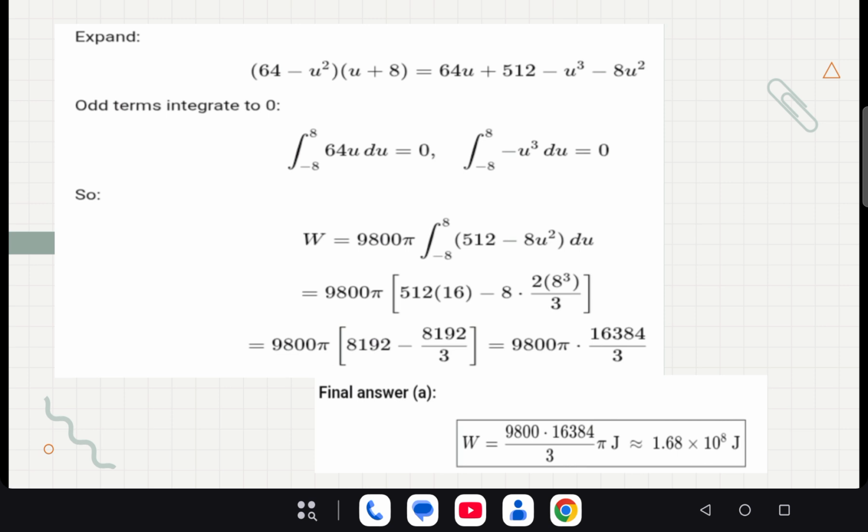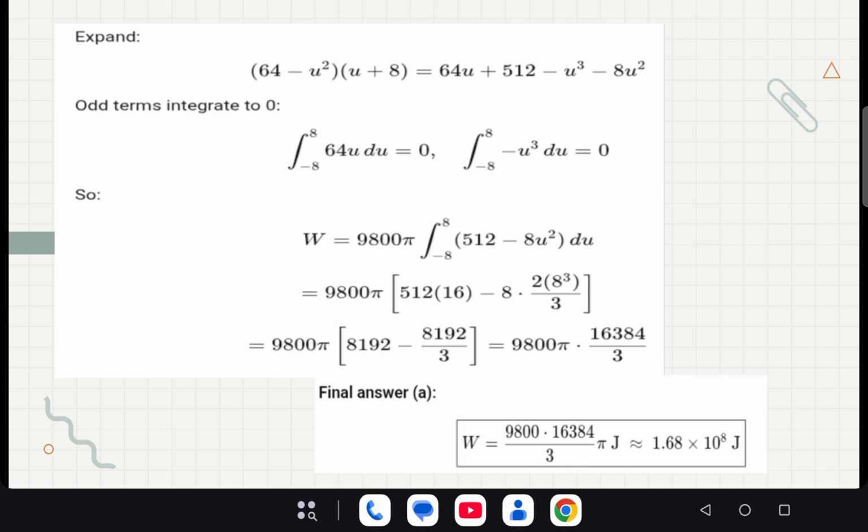512 times 16 minus 8 times 2 times the quantity 8 cubed divided by 3, equals 9,800 pi times the bracket of 8,192 minus 8,192 divided by 3, equals 9,800 pi times 16,384 divided by 3.